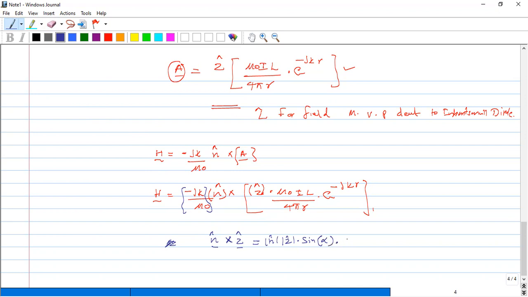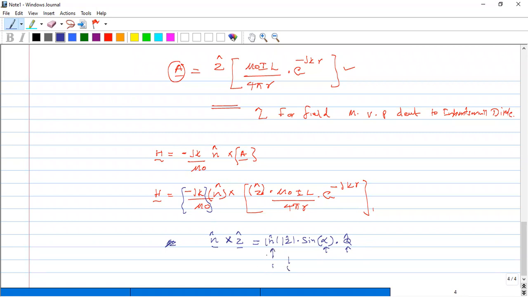And you will get another vector. It may be any unit vector, let's say that it is q hat. Now we have to find this alpha and this direction. We already know the n hat magnitude and the z hat magnitude.